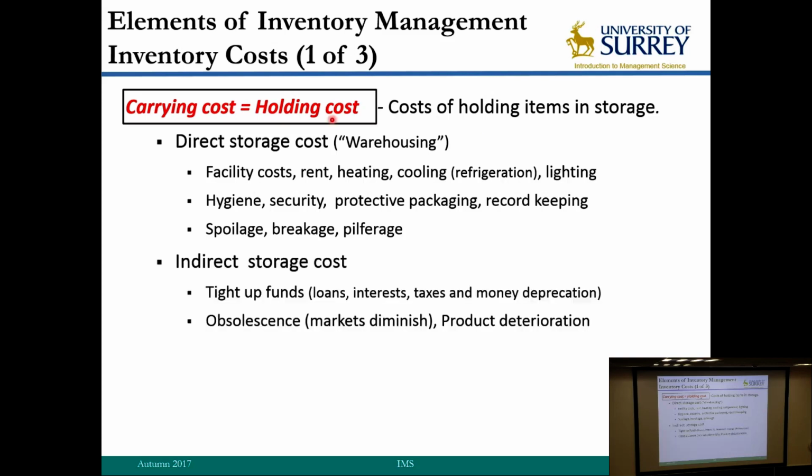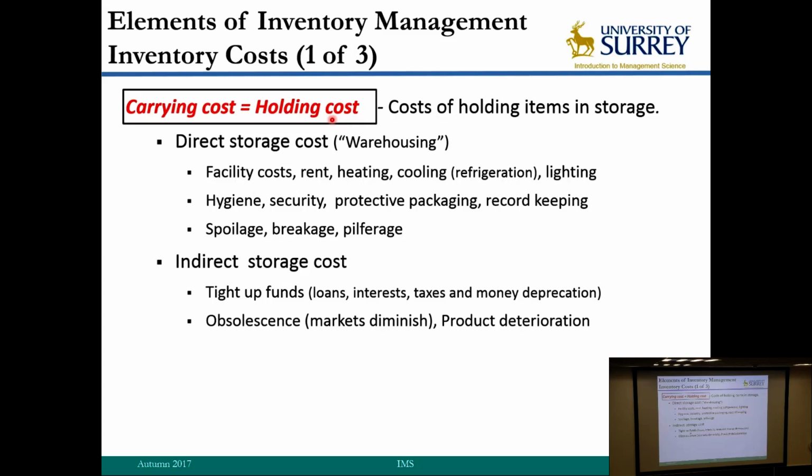And also we have some indirect storage cost. If you buy a lot of products as your inventories, that ties up funds. If you buy a lot of inventories and temporarily store them for a year, that's basically a lot of money, because money has time value. If you have £1,000 tied up there, that may be fine, but what about 100,000 or maybe 100 million?